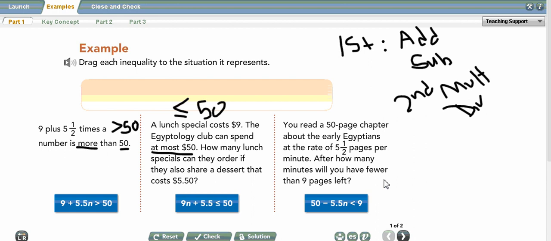Well, fewer is less than, and 9 is what we're going to have less than. So right here, 50 represents a 50-page chapter, and 5.5 is the number of pages being read per minute, which is showing as n.